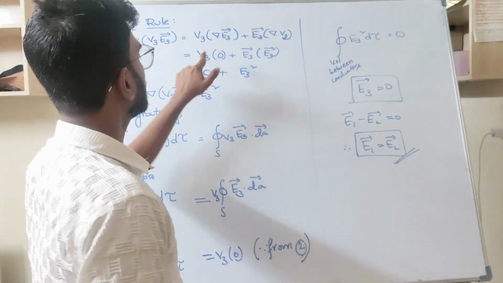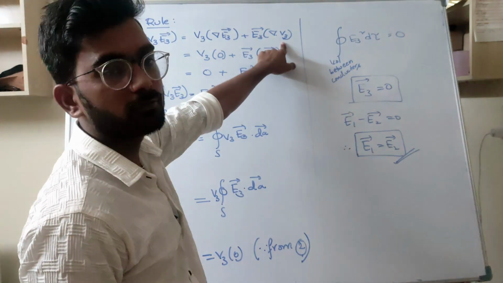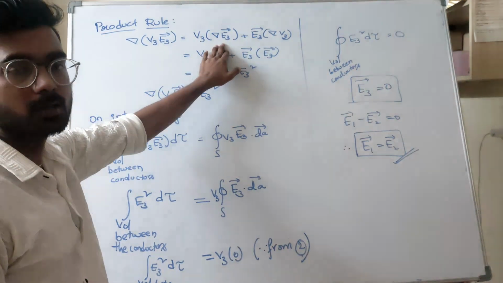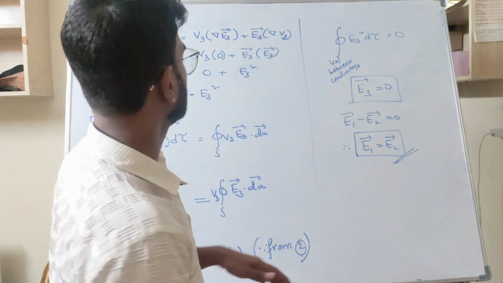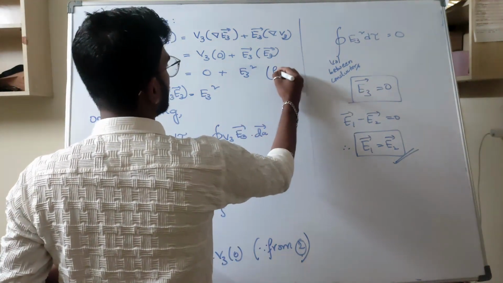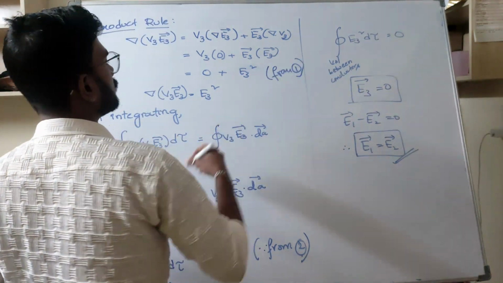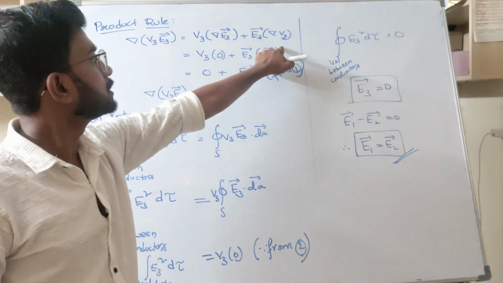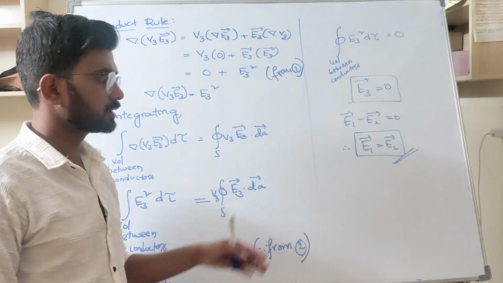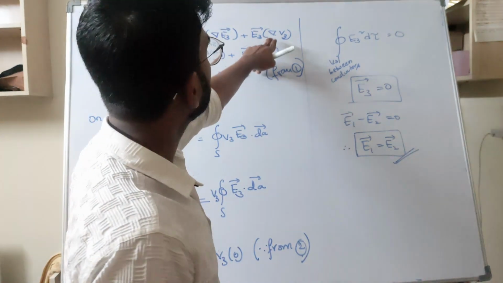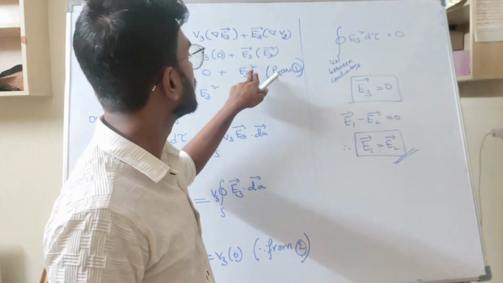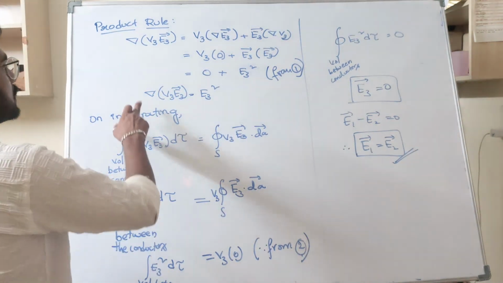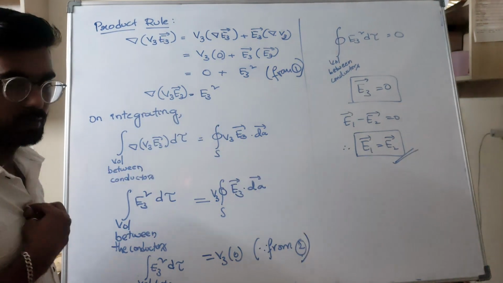Now gradient of E3 bar, from equation 1, is 0. Gradient of V3, as I told previously, is E3, and E3 into E3 is E3 square. So 0 plus E3 square is E3 square. Finally I got gradient of V3 E3 bar is equal to E3 square.